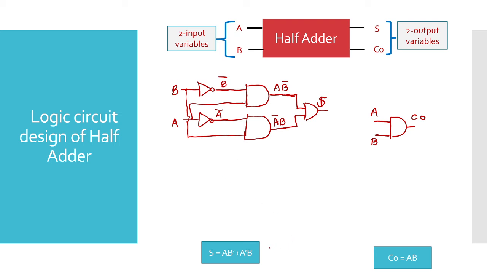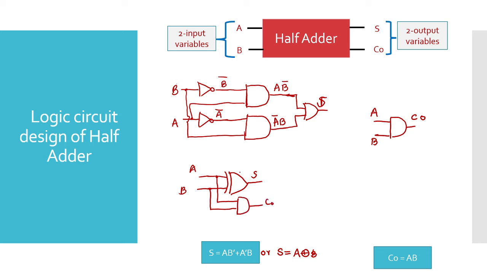Another way, as I said, is that the sum can be implemented using A XOR B. So you need only one XOR gate, and this XOR gate will give you S. One XOR gate is sufficient to implement S, and you need one AND gate to implement C0.